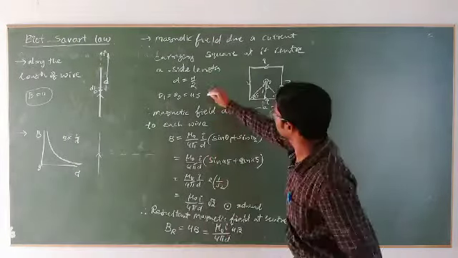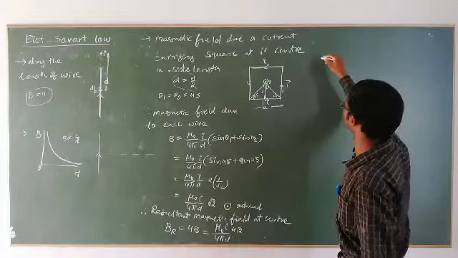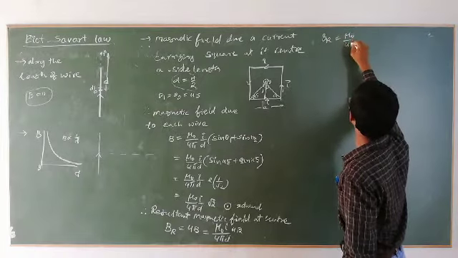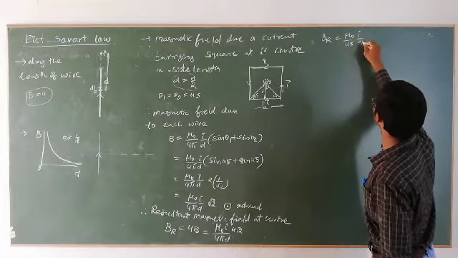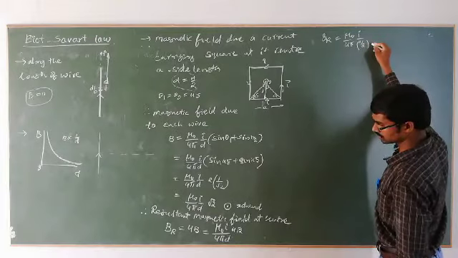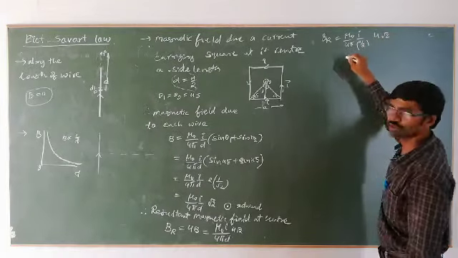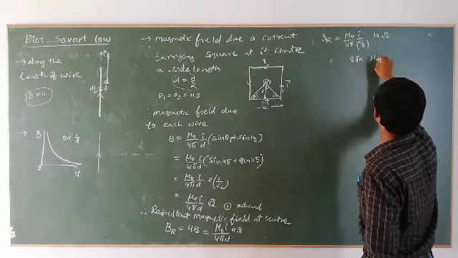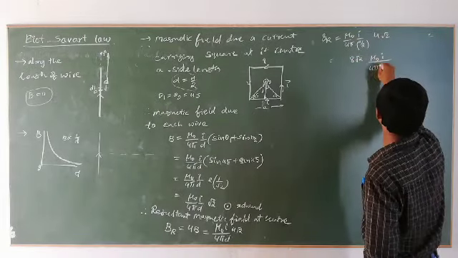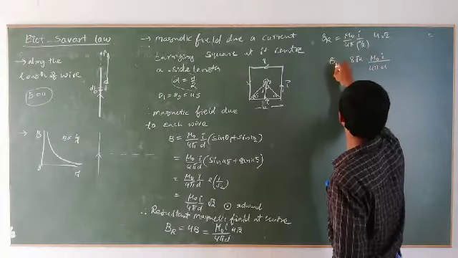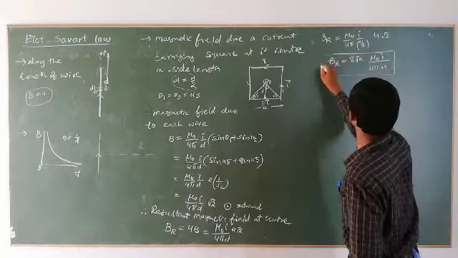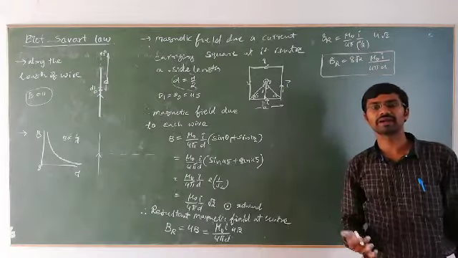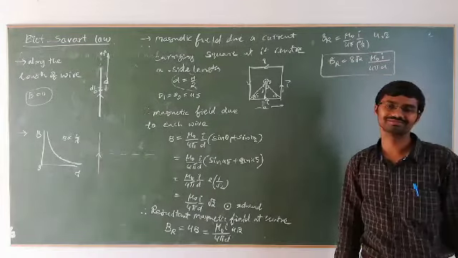That is equal to mu naught by 4 pi I by D into (sin 45 plus sin 45). What sin 45 value do we know? 1 by root 2. Then mu naught by 4 pi I by D into (1 by root 2 plus 1 by root 2), which is 2 by root 2. That is equal to mu naught by 4 pi I by D into root 2.